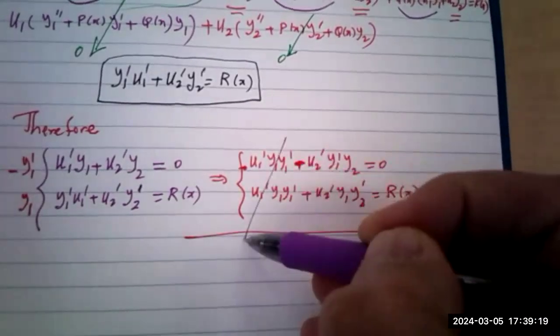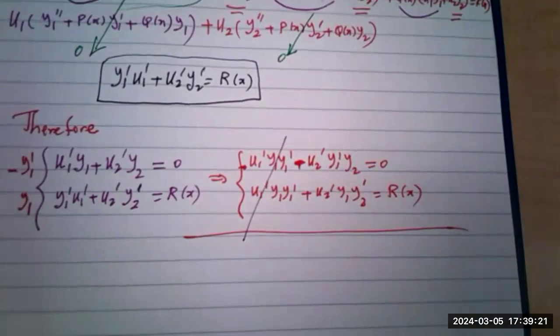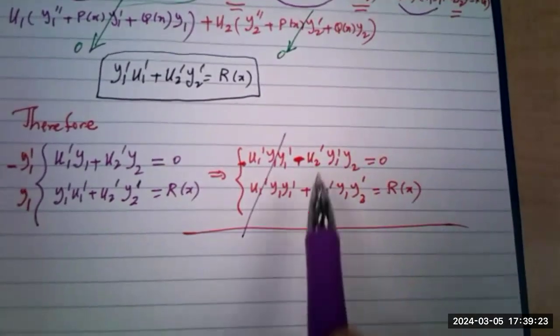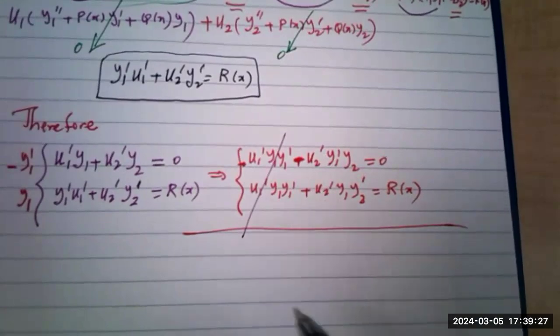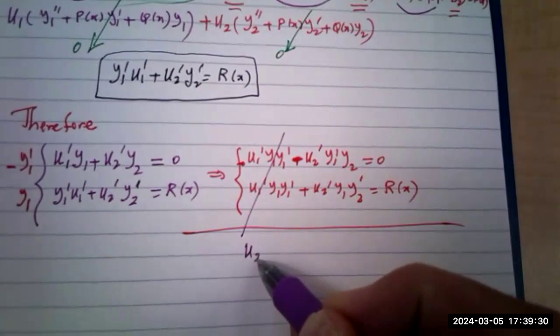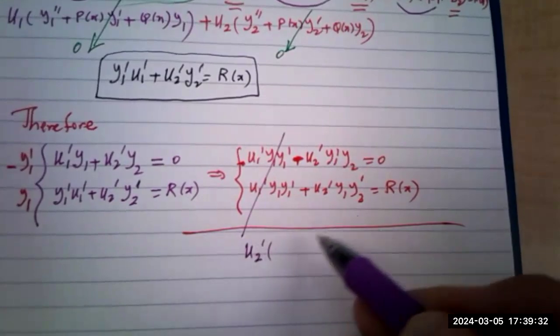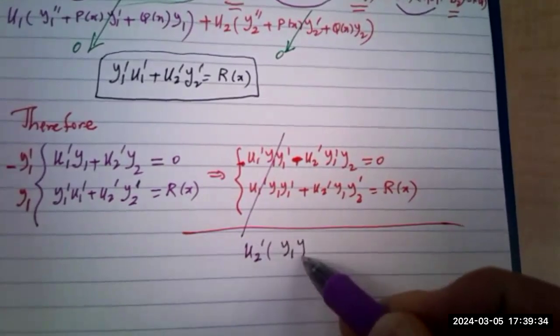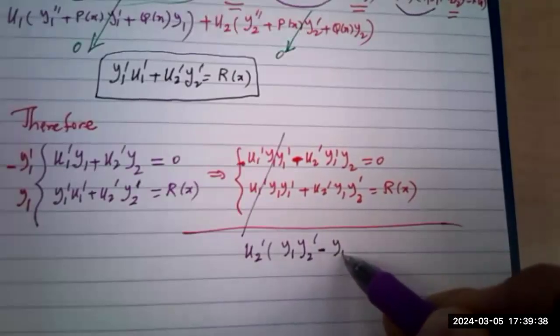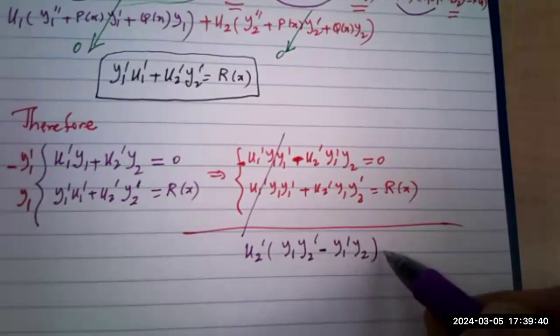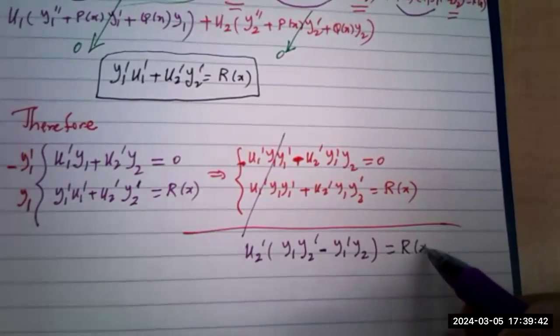The first one will disappear. The second one, I'm going to add them together. At the same time, I factor out the u2 prime. So I'm going to have y1 y2 prime minus y1 prime y2 equal to r of x.